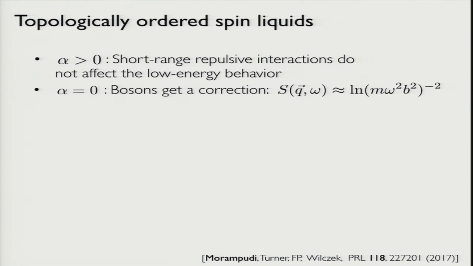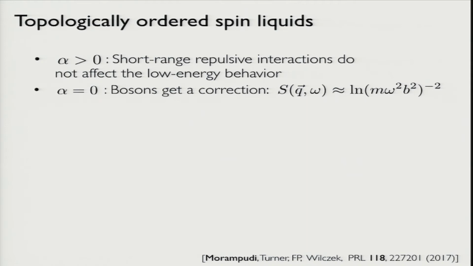Moreover, if we have this angle alpha larger than 0, meaning that we are not looking at bosons, then the short-range repulsive interactions would not affect the low-energy behavior, which we can show because the short-distance physics only affects the high-energy features. And if we have bosons, meaning the statistical angle is 0, then we actually get corrections, and instead of finding just a constant, we will find an inverse log squared.